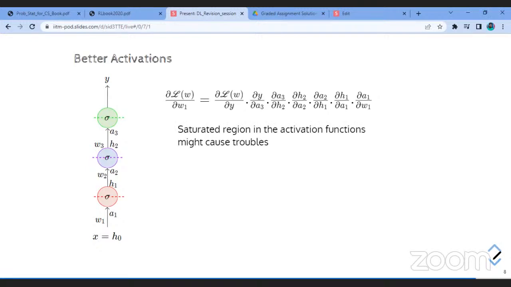And how the saturated region in an activation function causes some troubles. Especially when we have logistic and tanh, we have these saturation regions, and how it hinders the learning process. In essence, how it introduces the vanishing gradient problem, and how it is connected with the saturated region of the activation function.